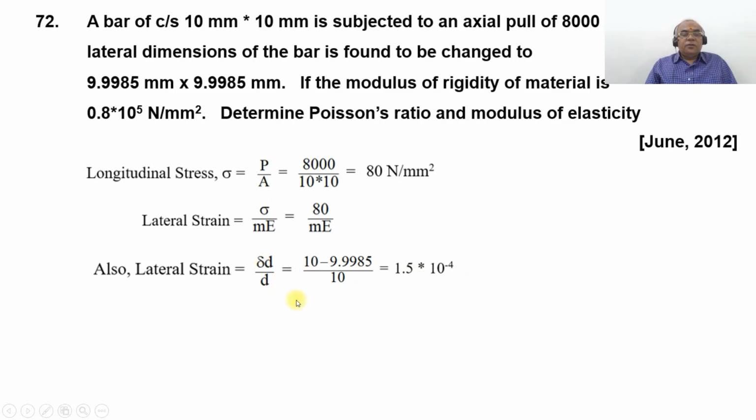Substituting this value of lateral strain in the above equation, 1.5 into 10 to the power of minus 4 is equal to 80 by m into E. Now what is m into E? mE will be equal to 80 by 1.5 into 10 to the power of minus 4. On simplification, you get 0.533 into 10 to the power of 6.